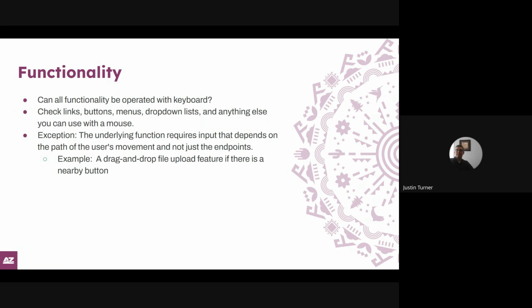If that functionality requires you to move a mouse to write your electronic signature, it doesn't have to have a keyboard functionality equivalent. Although in the case of our electronic signatures, a typed name can serve as the electronic signature. So that's one of those details where we're saying everything has to be accessible. There are certain exceptions to what content you don't have to have the functionality working through the keyboard. It's a very limited exception, though.